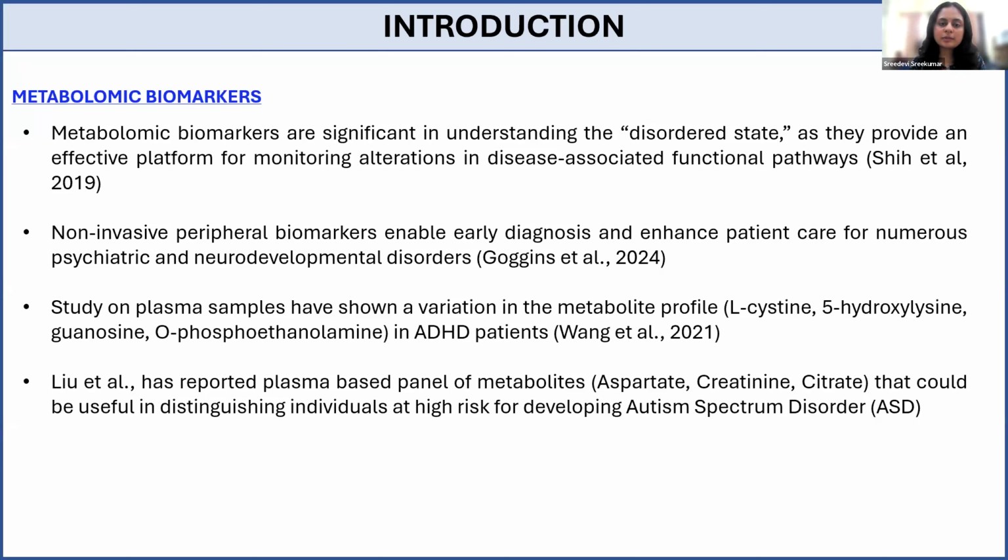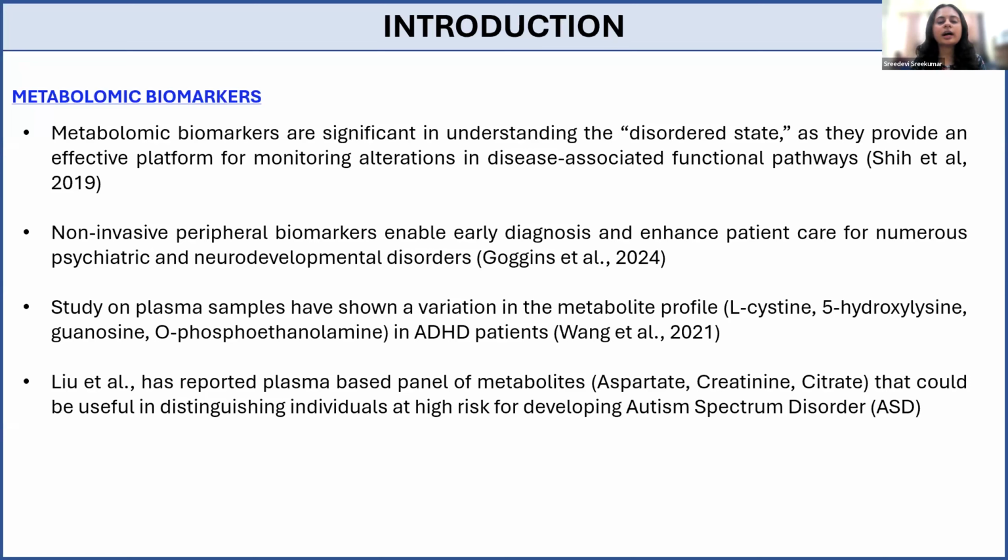Here we will be targeting plasma biomarkers for two major reasons. The first is that it is non-invasive, and the second is that it is easy to monitor throughout the span of the disorder or condition. In psychiatric disorders, many studies have shown the relevance of plasma biomarkers. I have two examples: one study showed a panel of metabolites like L-cysteine and phosphoethanolamine in patients with ADHD.